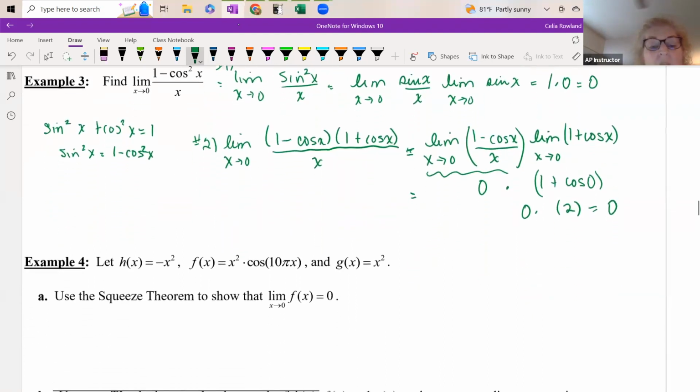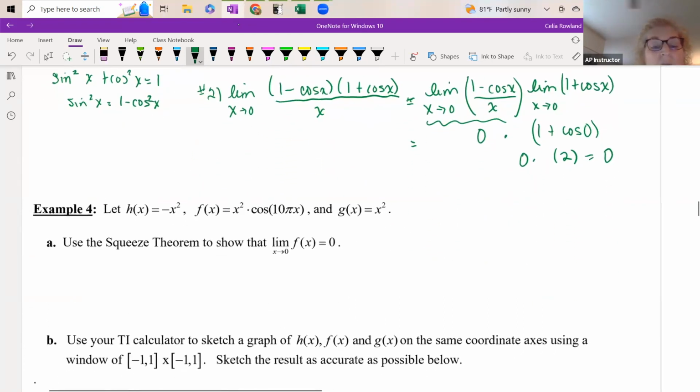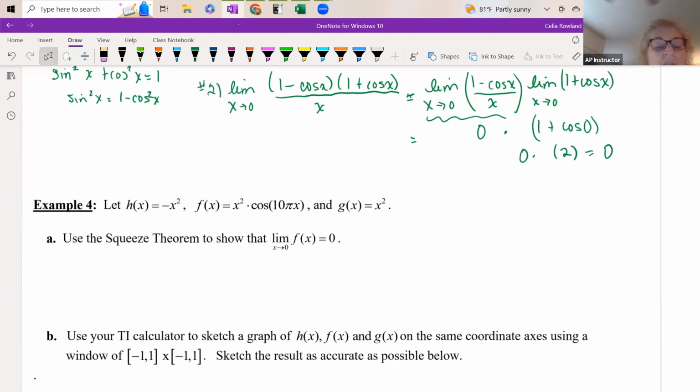All right. So what we're going to look at now is we're going to show, using the squeeze theorem, that the limit of f of x, given here as x squared cosine 10 pi x, goes to 0.